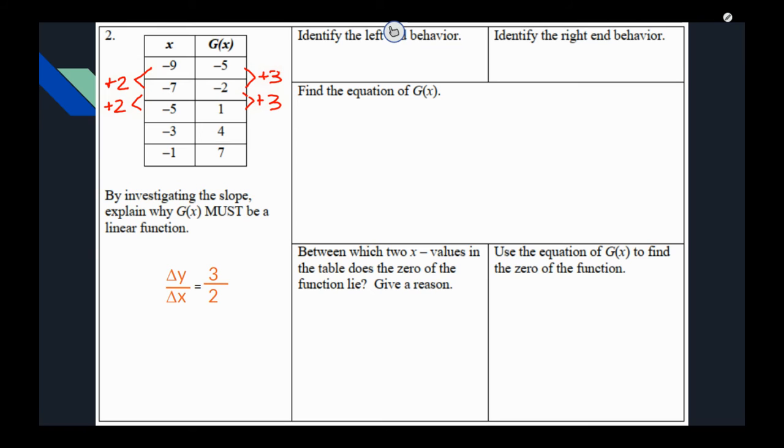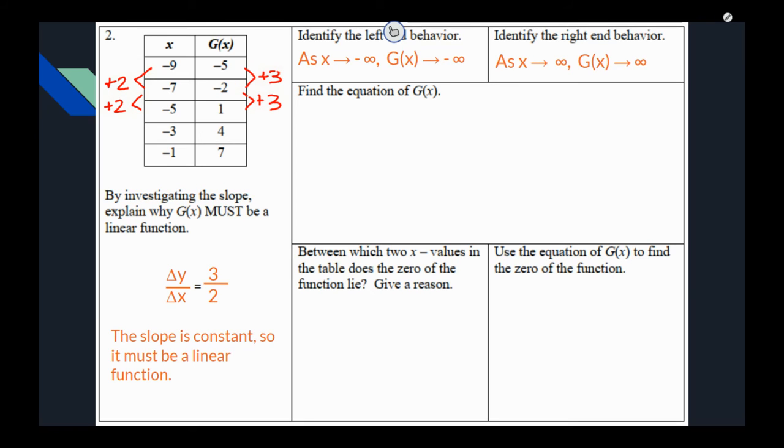Negative infinity. And on the right-hand side, they're going to approach positive infinity. So on the left, as x approaches negative infinity, g of x approaches negative infinity. And on the right, as x approaches positive infinity, g of x approaches positive infinity.